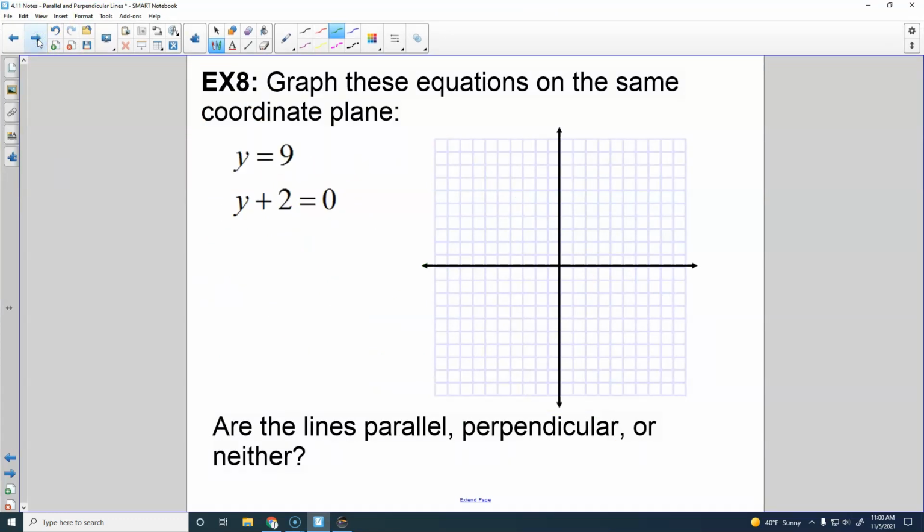Okay, so what I want you to do right now with me is go back through and look at the lines that were parallel. I can't flip here because I didn't graph all of them. But look through the ones that were parallel and look at the equations of the lines, specifically once they're solved for y.